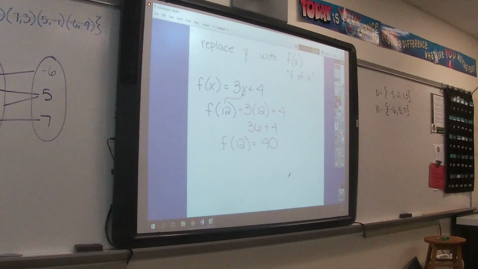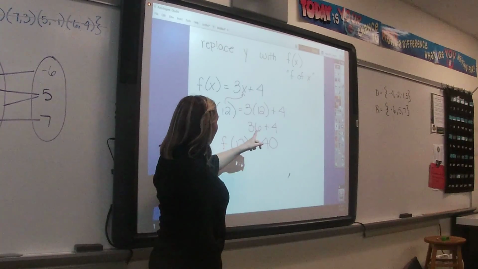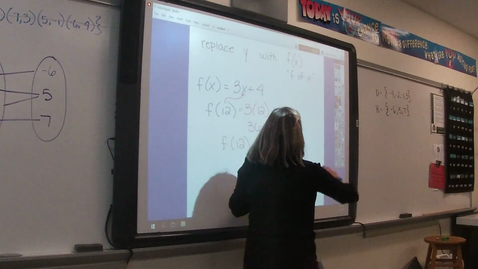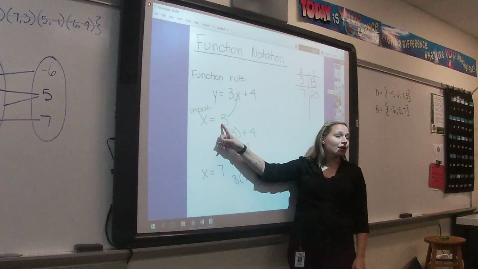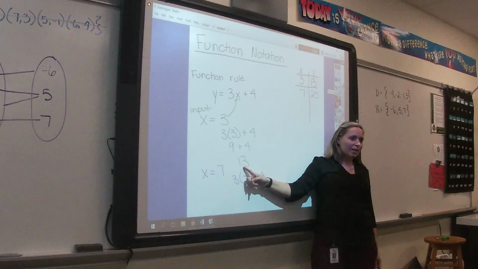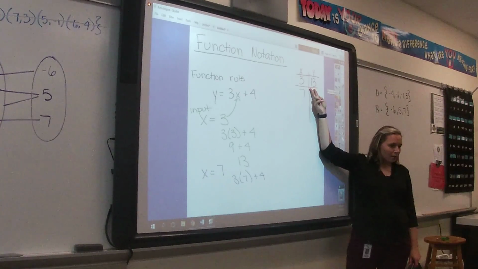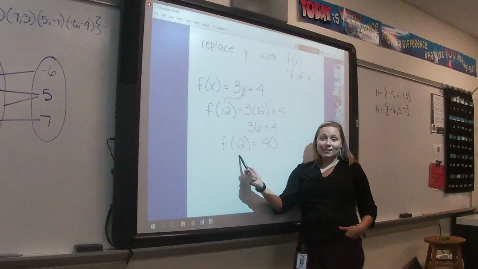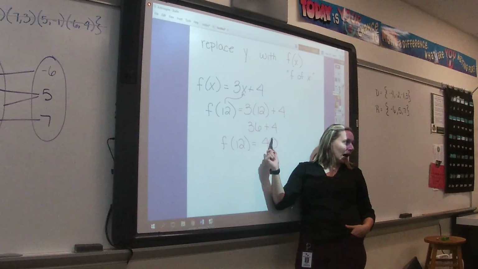Here is why function notation is sort of the sophisticated version. The answer that you get from 36 plus 4, you just put it in equal. Here's why this is sort of sophisticated, because over here my x value is here, my y value is all the way down here, so for me to see them together, I had to partner them up over here. But in function notation, here is my x value, here is my y value.